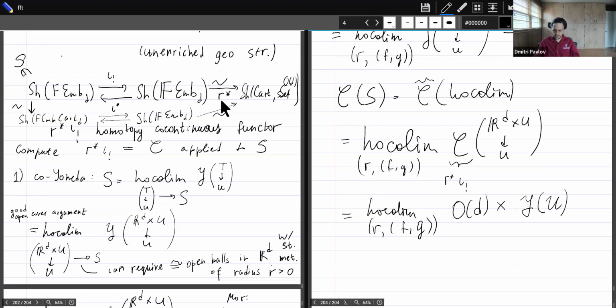So the R star lands in this category, and its value in some Cartesian space will be precisely the simplicial set with an action of OD, where the simplicial set itself is the value of this representable on the corresponding object.